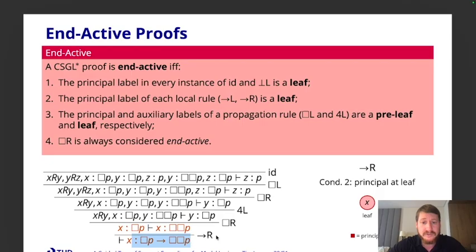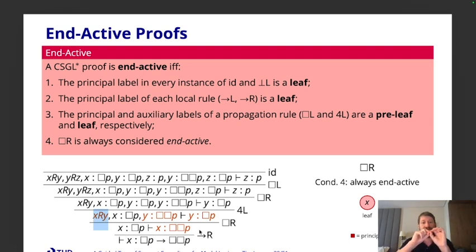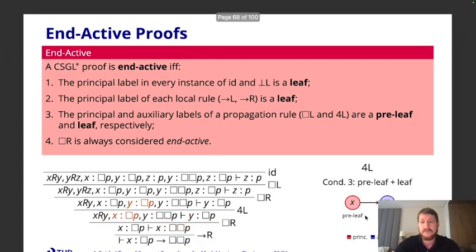When we apply the implication right rule bottom up, we're just affecting this leaf vertex X. Box right is always considered to be end-active. It extends the structure by adding a new fresh vertex that X points to, which looks like this. Now when I apply the 4 left rule bottom up, I shift box P from the pre-leaf X to the leaf Y.